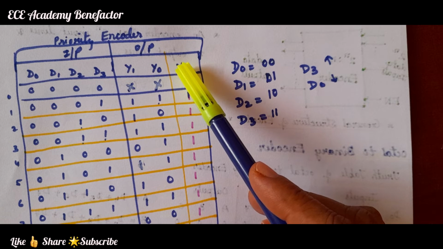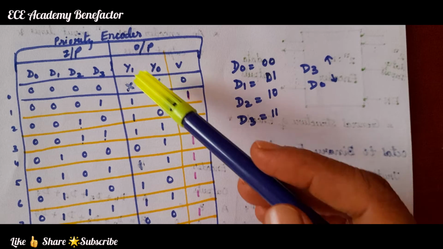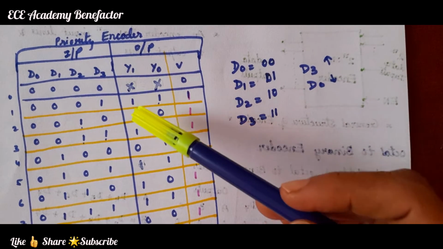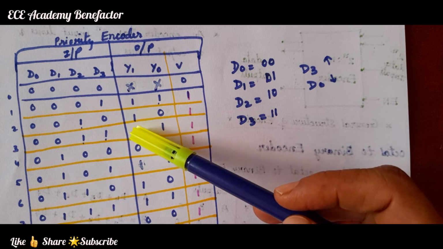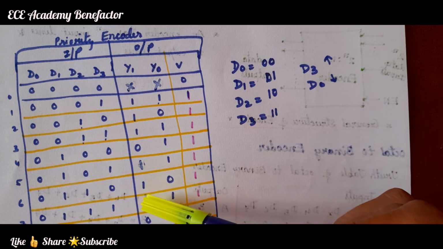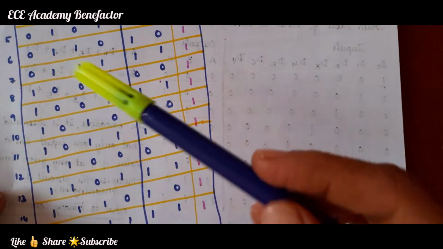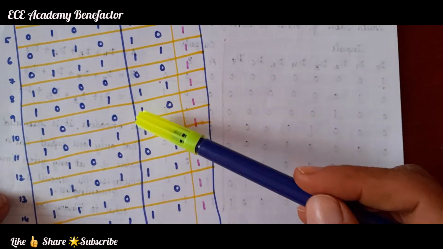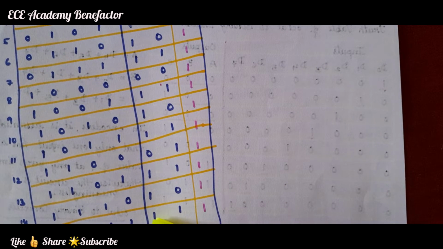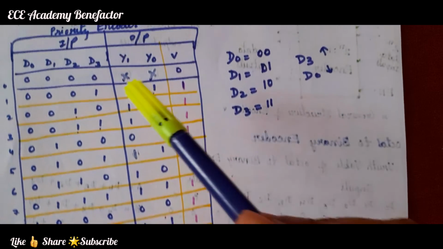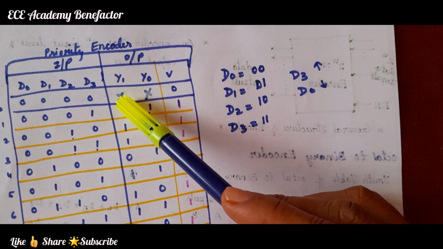Before simplifying using the K-map, let us find the list of minterms where Y1 is high. Y1 is high at 1, 2, 3, 5, 6, 7, 9, 10, 11, 13, 14, 15, and we have one X here, which is a don't care condition, at 0.